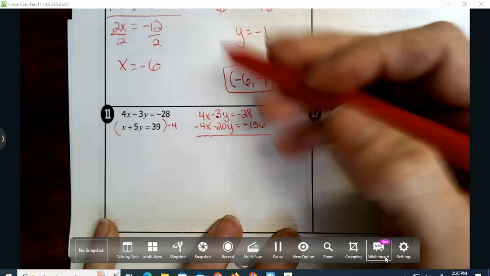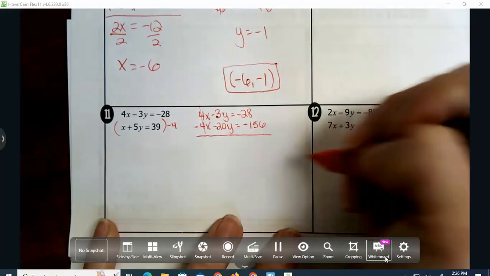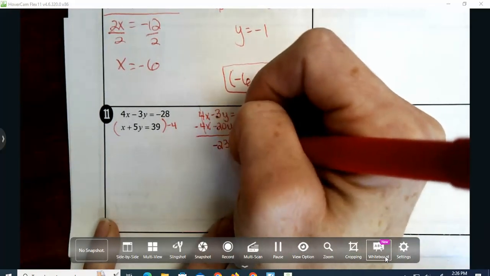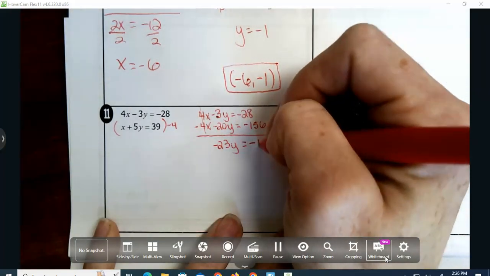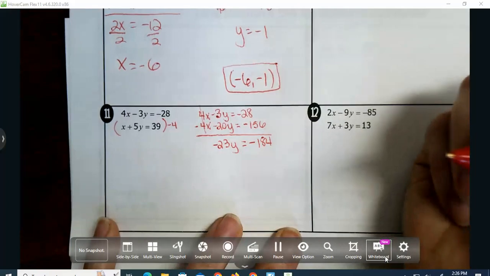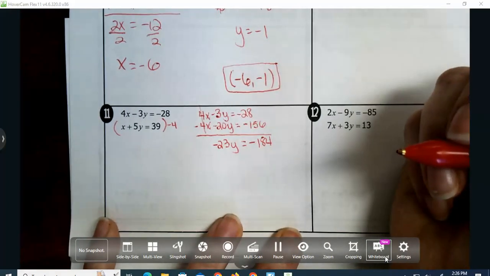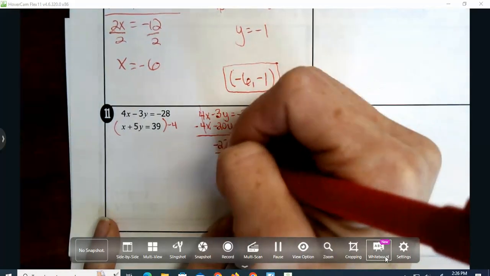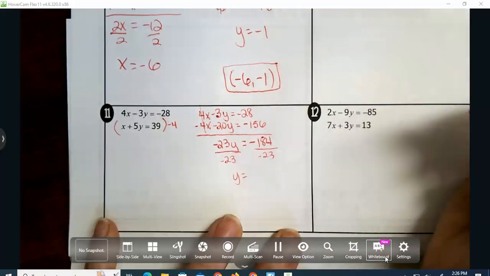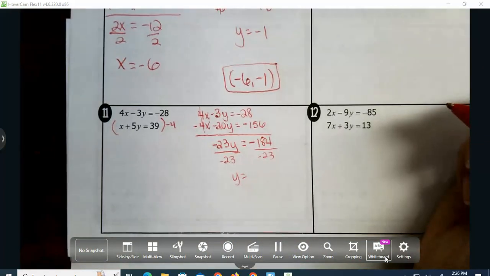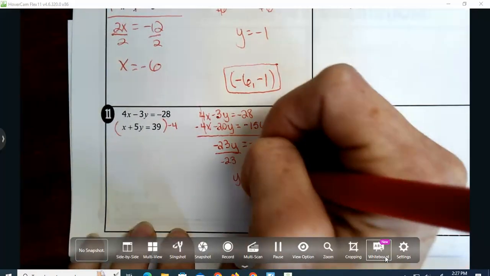All right, 4x and negative 4x would cancel. So we have a negative 23y equals a negative 184. So divide by negative 23. Eight. Is that right? Is anybody checking me? Yeah, yes, I did.